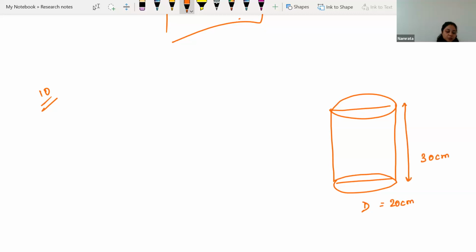A margin of 2.5 centimeter is to be given for folding it over the top and the bottom. So a margin, let me write this statement.